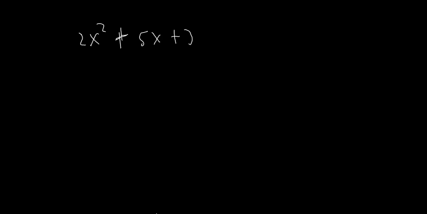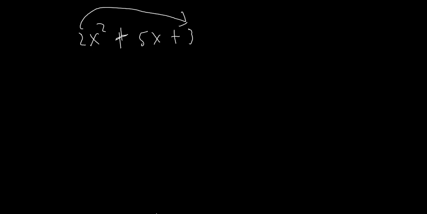Okay? So how do we solve this? Well, in order to solve these types of equations, we can either factor out the 2, or we can multiply the 2 by the constant at the end. However, here we cannot factor out 2 because we have odd numbers in the equation, right?